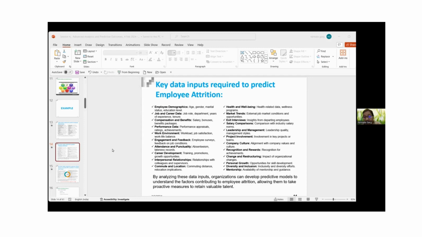So you can have your data points come into this in order to validate and predict your employee attrition. It's like early warnings. The early warning system is more for your high potentials, but when you want to predict employee attrition, it is across all levels and for all employees. When we talk about EWS, it is mostly for your high performers.